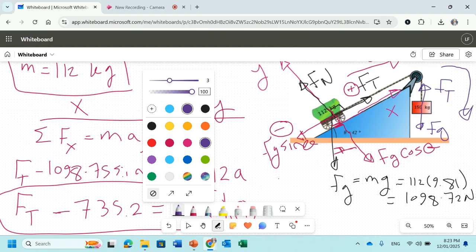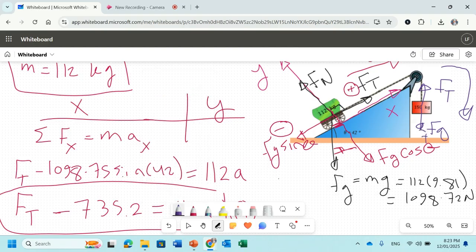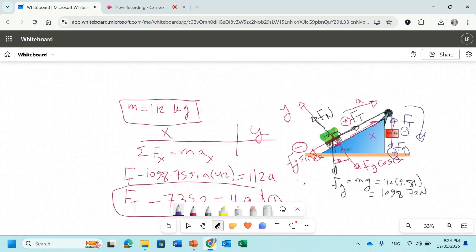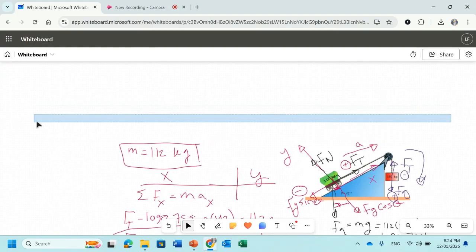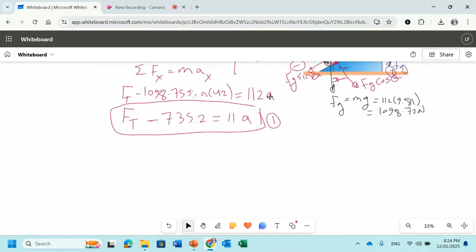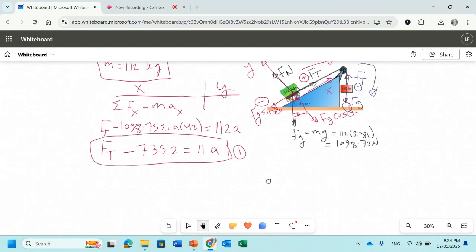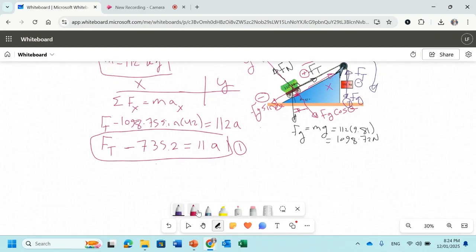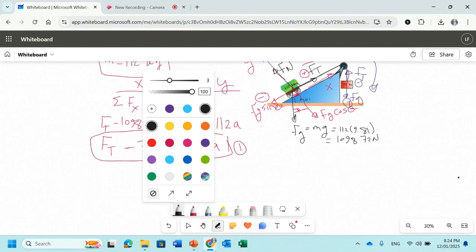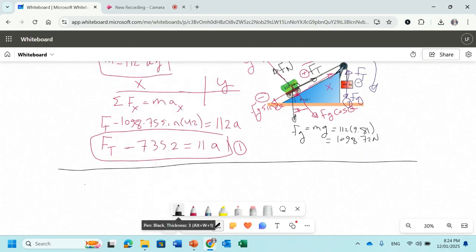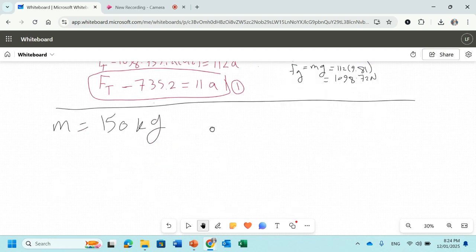So forces in the same direction of motion are positive. Fg is positive, and tension is negative.